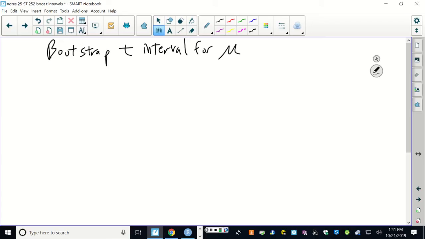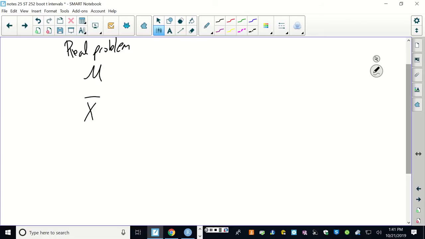So in the real problem that we're facing, we want to know mu, and we calculate X bar, and the standardized statistic, the pivot, is X bar minus mu over s over the square root of n. And then we compared that in the t-interval to a t-distribution with n minus 1.